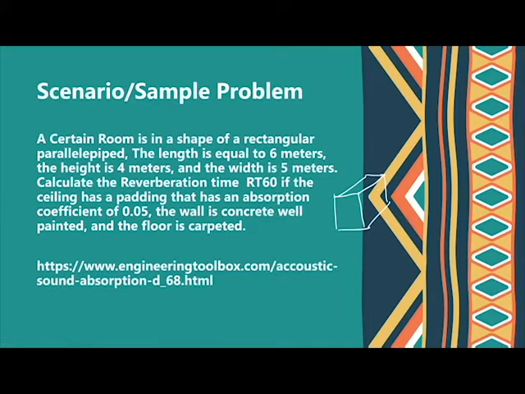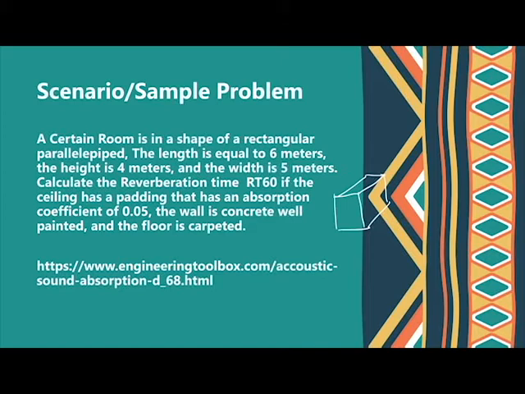We're asked to calculate the reverberation time RT60 if the ceiling has a padding that has an absorption coefficient of 0.05, the wall is painted concrete, and the floor is carpeted. This 0.05 is in units of sabins. We have two formulas that we should take into consideration.